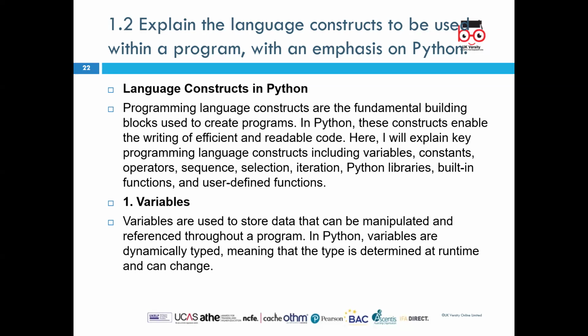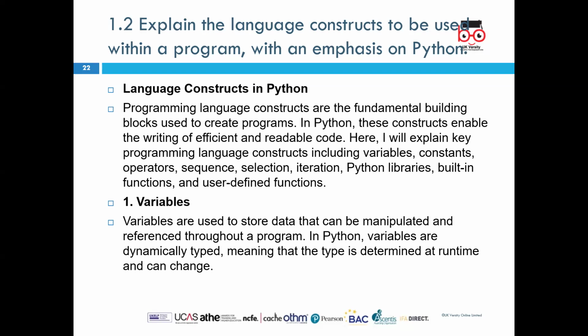So when we have to declare a variable, for instance, we're trying to do a mathematical calculation where we're going to assign values. We're going to store values into our variable. So we can look at a variable as a box where we're going to store a value, which is our data, and it can be manipulated and referenced throughout the program.